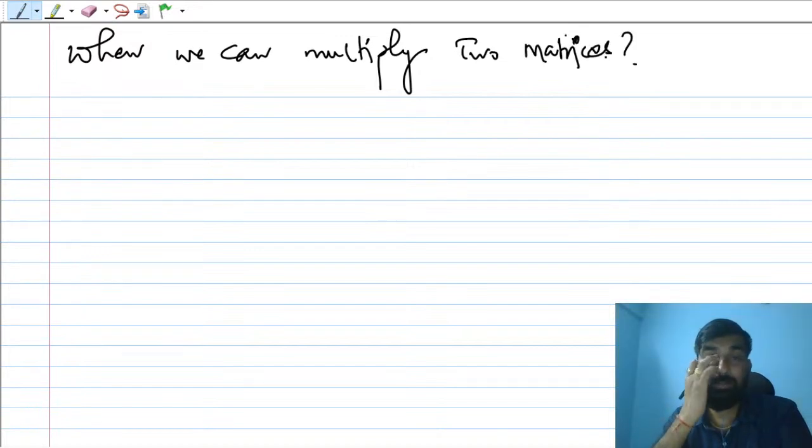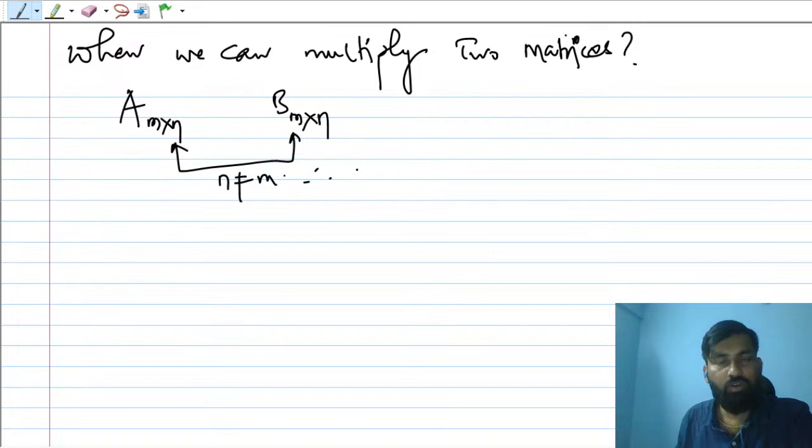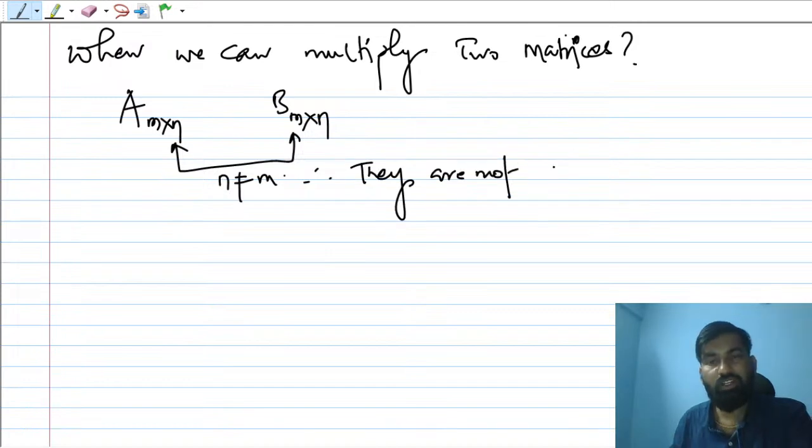So when can we multiply two matrices, right? Remember that suppose we have got a matrix of size M cross N and another matrix of size M cross N. These are two matrices of different sizes. If N is not equal to M, then they are not conformable.